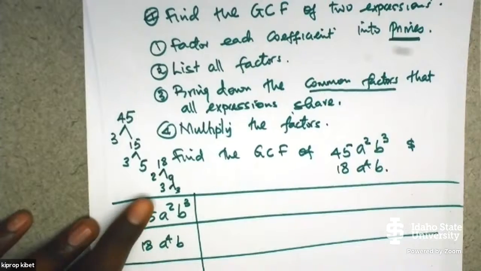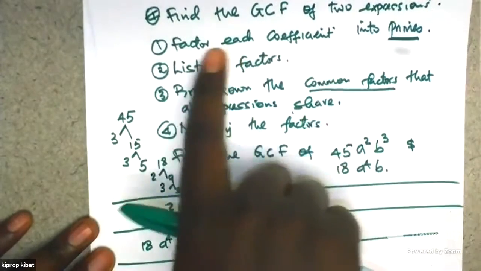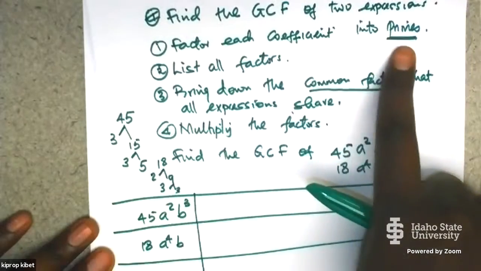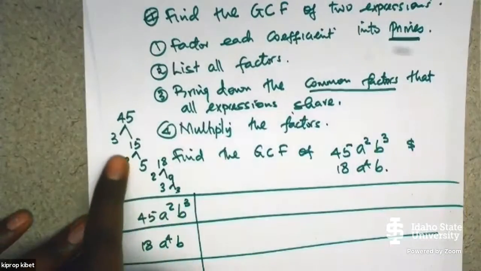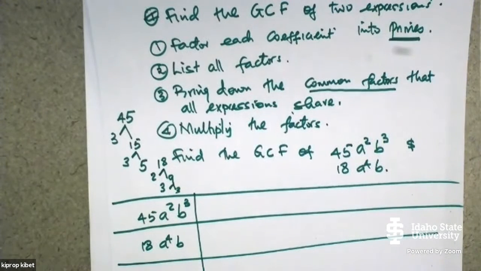So these are the primes. Is 1 a prime number? 1 is not a prime number. 2 is a prime number, and 3 is a prime number. So we factor them into primes.